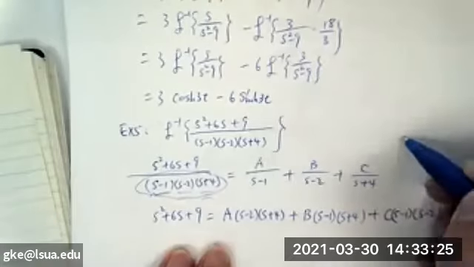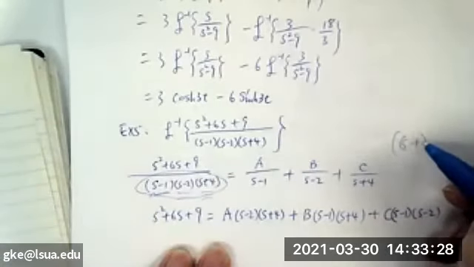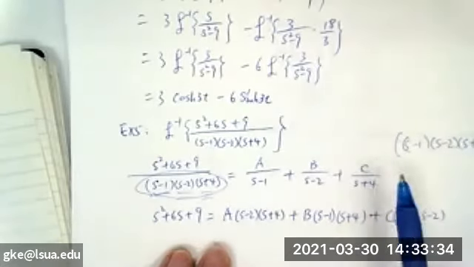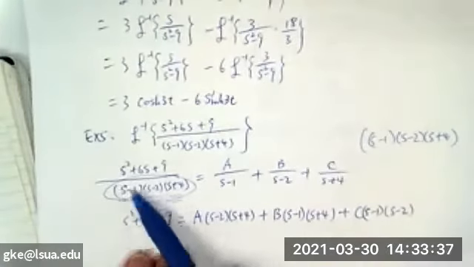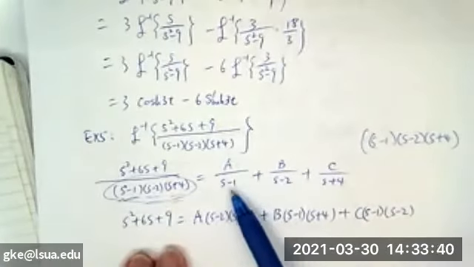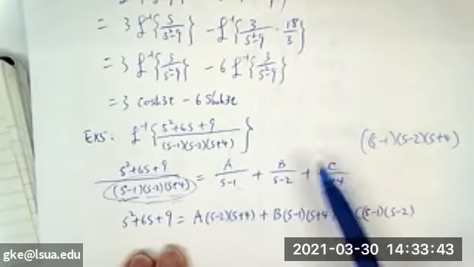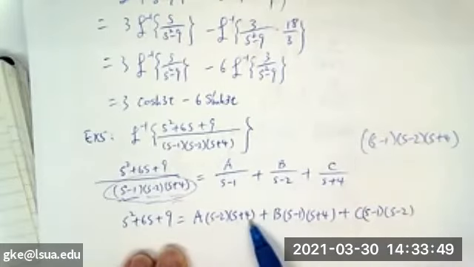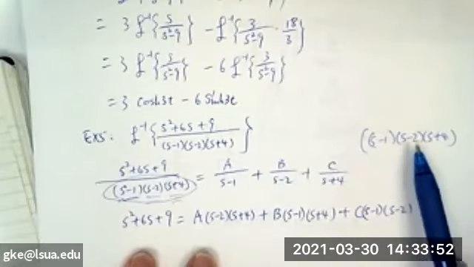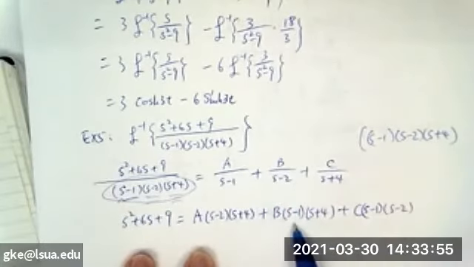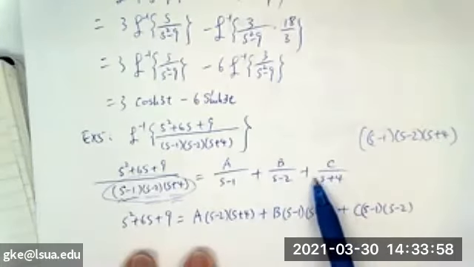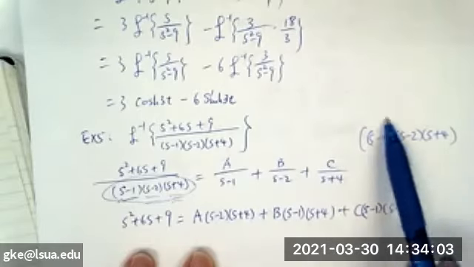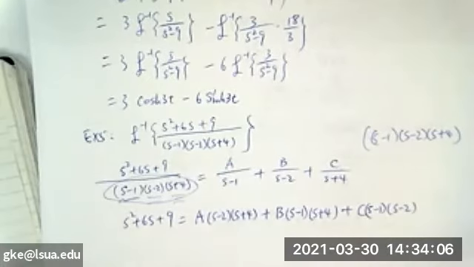Here we multiply this term on both sides. For the left-hand side, it cancels out. For the right-hand side, we have three terms. The first term times these should cancel out, and we get this term. For the second term, we cancel out s minus 2, and we get this term. For the third term, we multiply the whole thing, cancel out, and get this one.